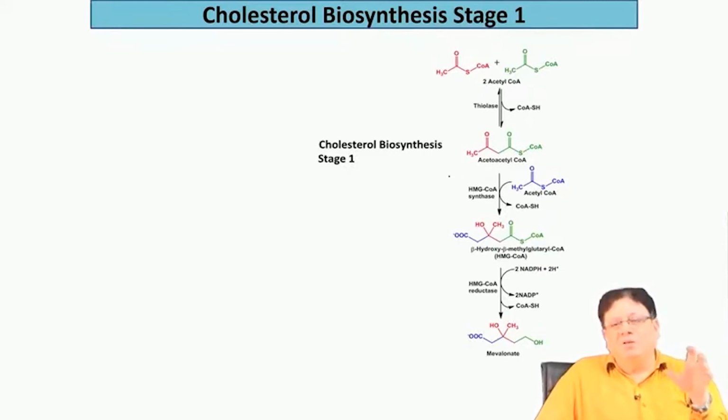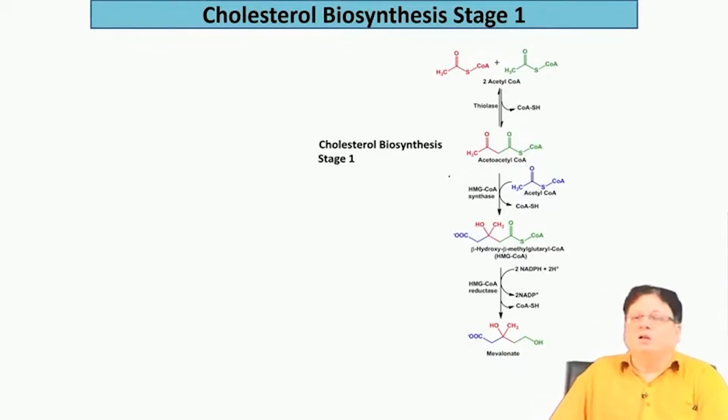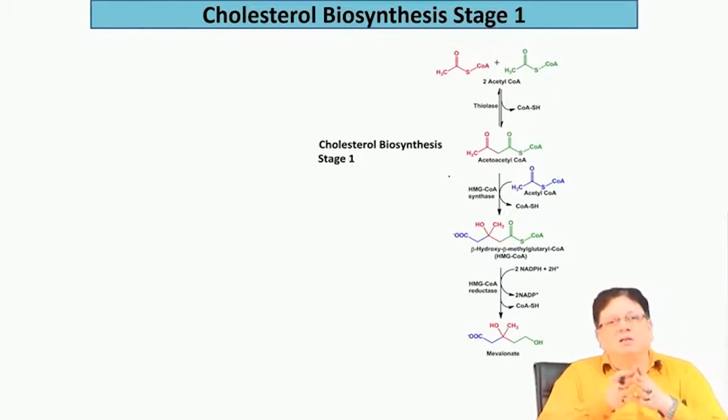Terpene is usually 5 or 6 membered rings fused together. So, that is the difference between terpene and cholesterol. The biosynthesis is very similar, but at some point they branch out.